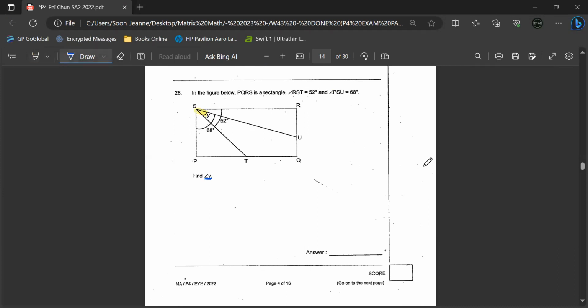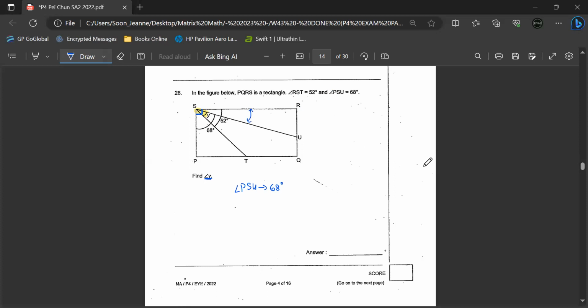What we're going to do is, we know that angle RSP is a right angle because SP is perpendicular to SR. You know that this is 68. So if angle PSU is 68 degrees, that means I can find angle RSU.